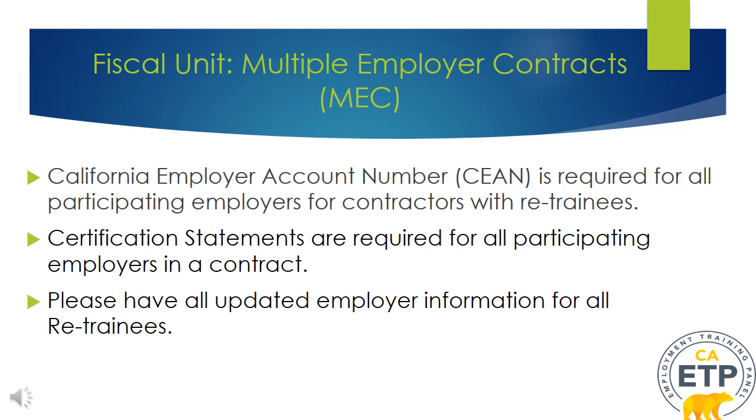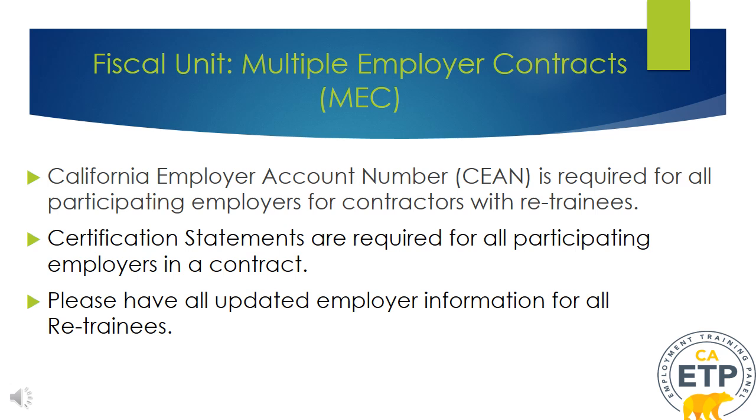California Employer Account Number, or SEAN, is required for all participating employers for contractors with retrainees. Certification statements are required for all participating employers in a contract, and also please have all updated employer information for all your retrainees and your employers. This is a requirement when you are enrolling your trainees, and also when you are submitting your trainees for their final payment.